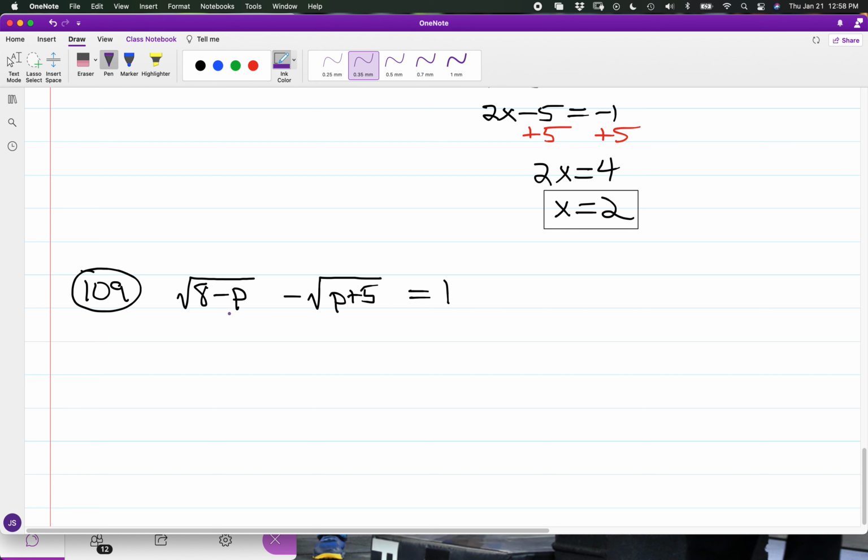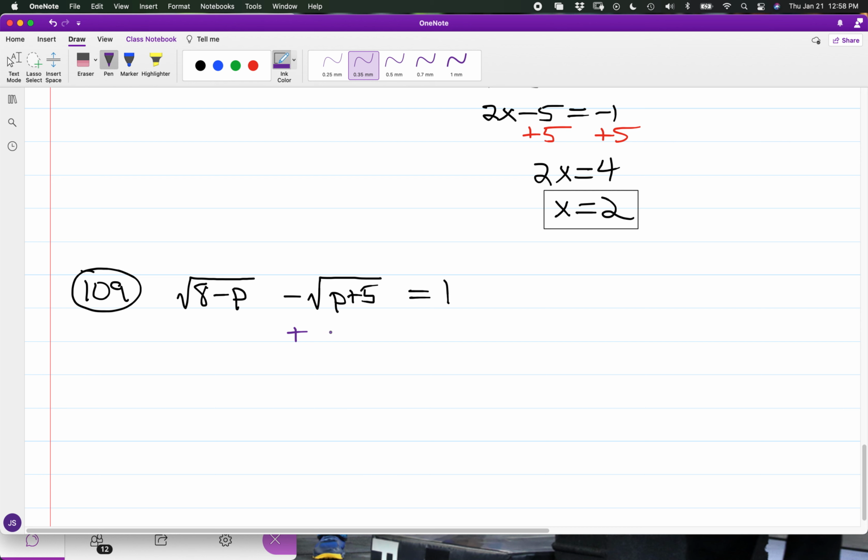So I have two radical terms in the same equation: square root of 8 minus p, square root of p plus 5. Let's isolate one of these radical terms, so I get the square root of 8 minus p by itself.